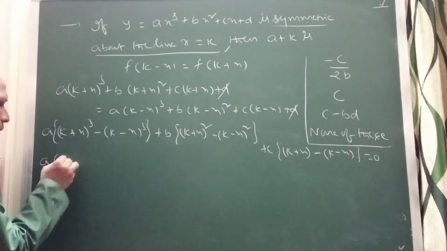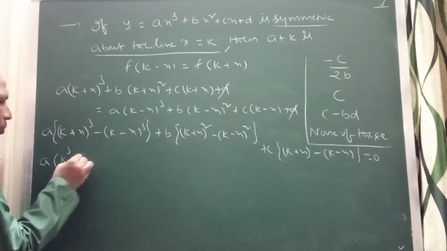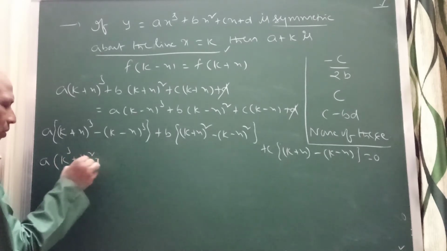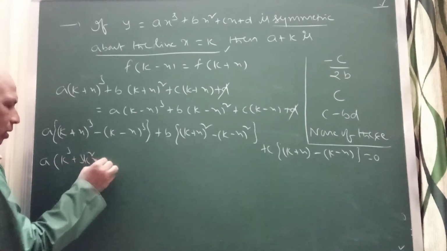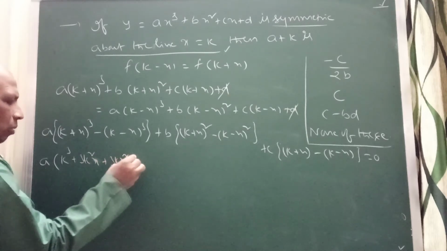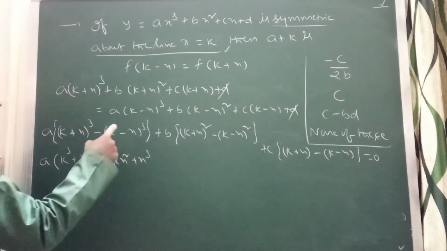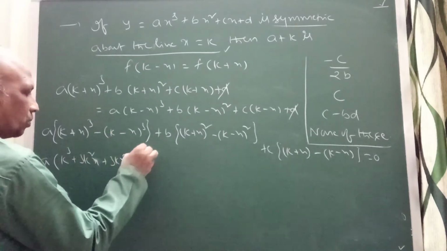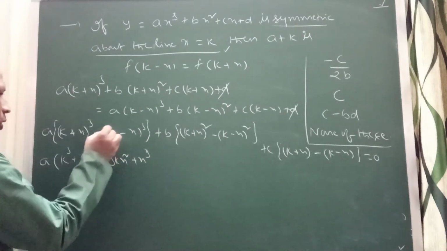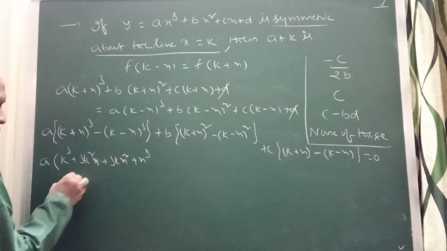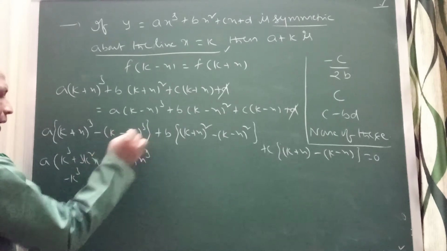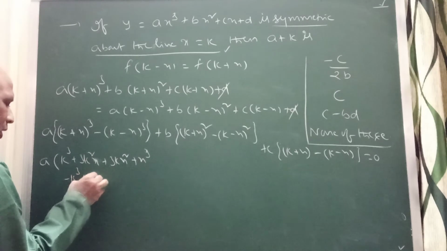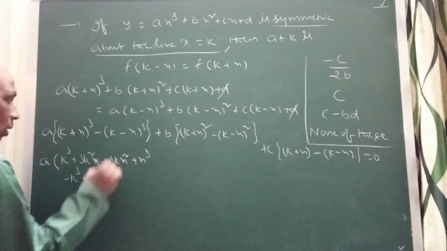If you expand also, you will get k cube plus 3k square x plus 3kx square plus x cube. Same thing you will get alternatively. If I expand this one, you will get k cube, so minus k cube, minus 3k square x, plus 3k square x multiplied with negative.